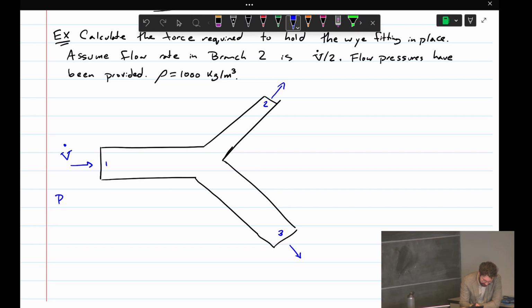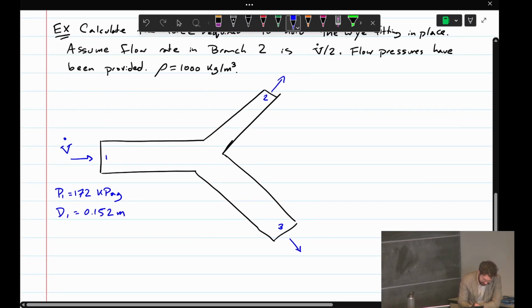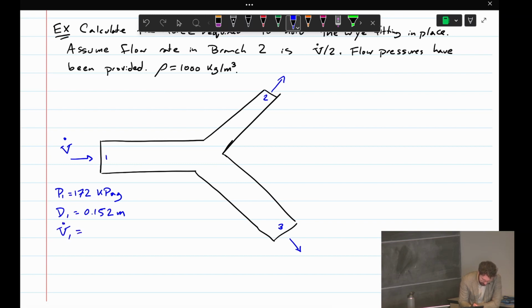Okay, so we're given the following information. P1 is 172 kilopascals gauge. D1 is 0.152 meters. So this is a pipe, if it's not clear. And V dot 1 is 0.142 cubic meters per second.